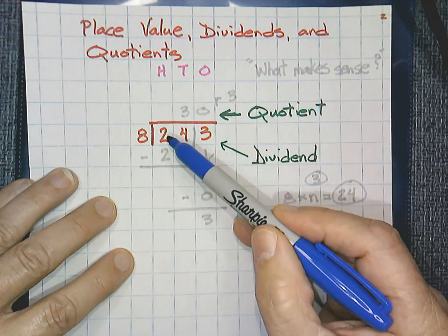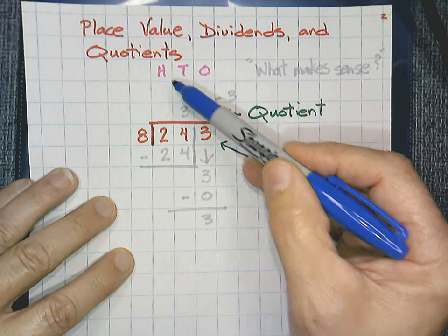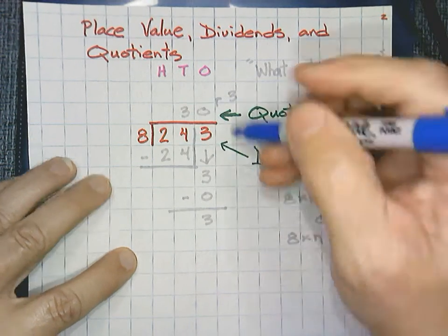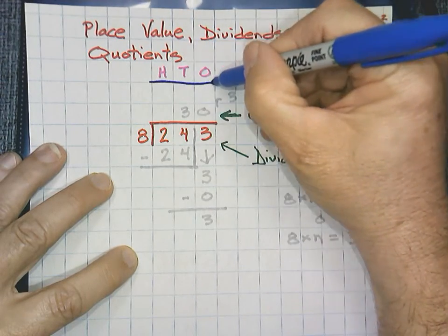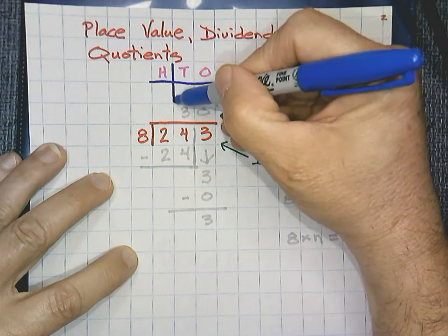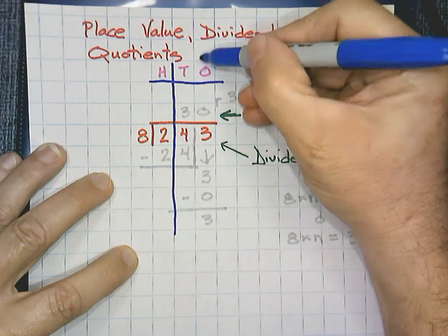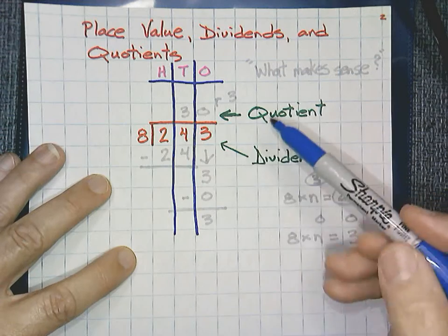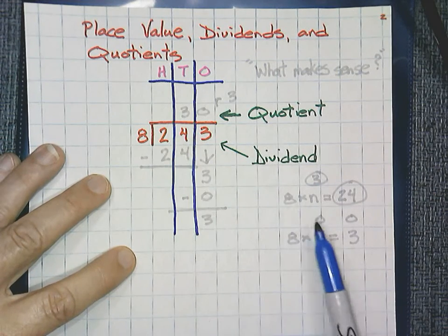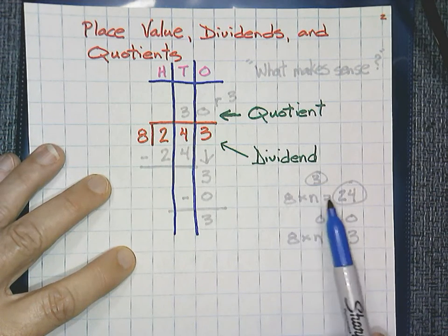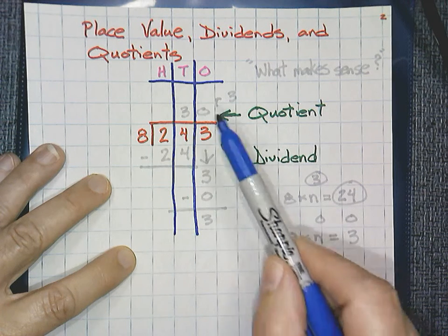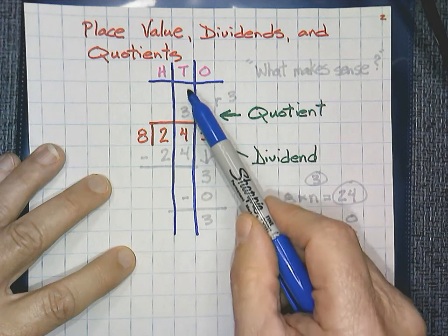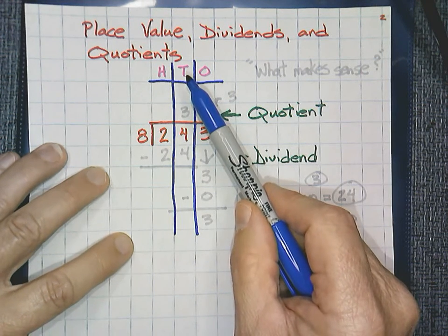So for example, in 243, the 2 is in the hundreds, the 4 is in the tens, and the 3 is in the ones. If I extend that place value column down, you'll notice that when we did our first step, 8 times n equals 24, and we said that was 3. Notice where we put the 3. The 3 is in the tens column.